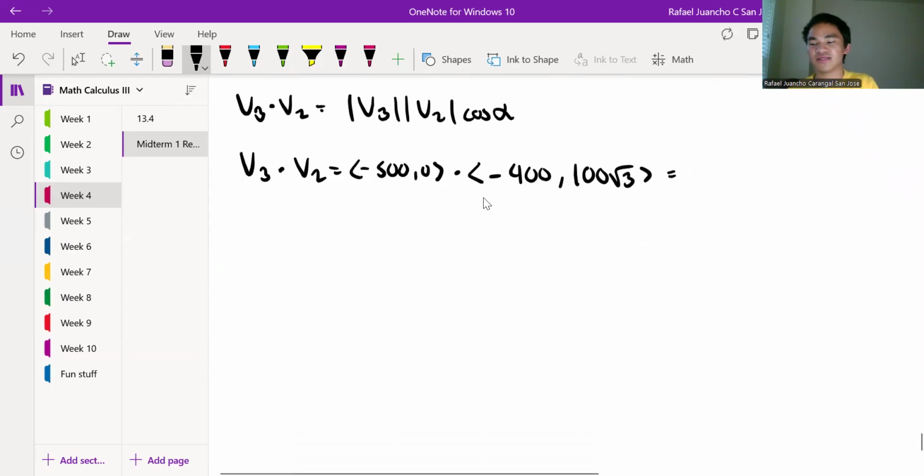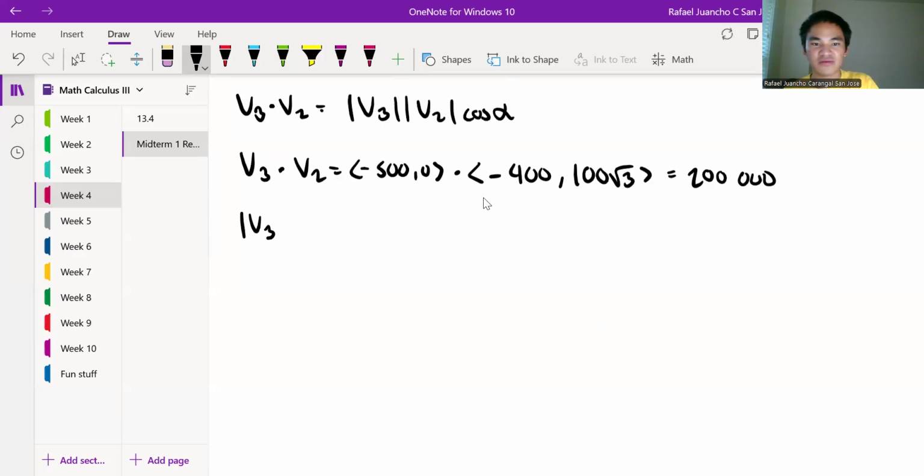Here I get this times this. So that's a positive number now. So that's 200,000. Then I add it to 0. So that's that. And then I get V3 and V2.